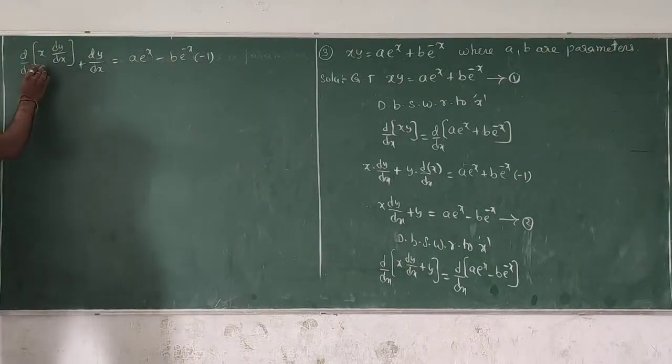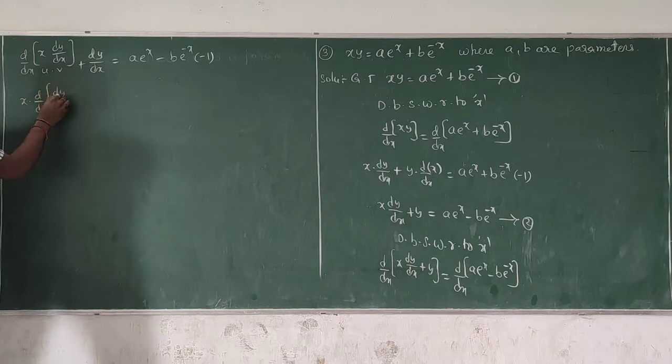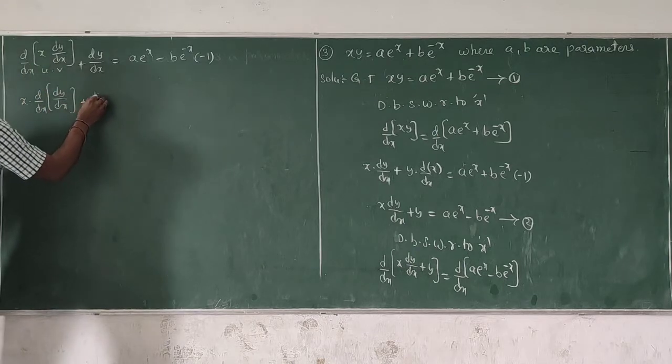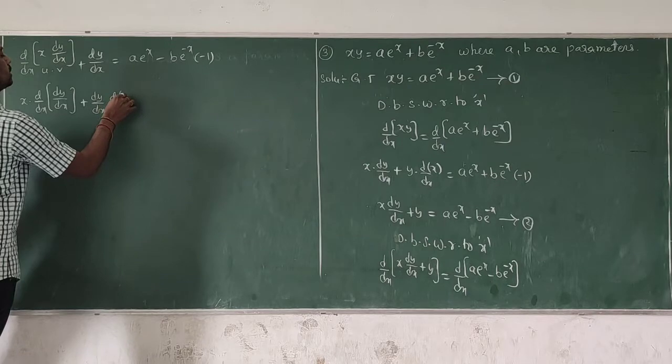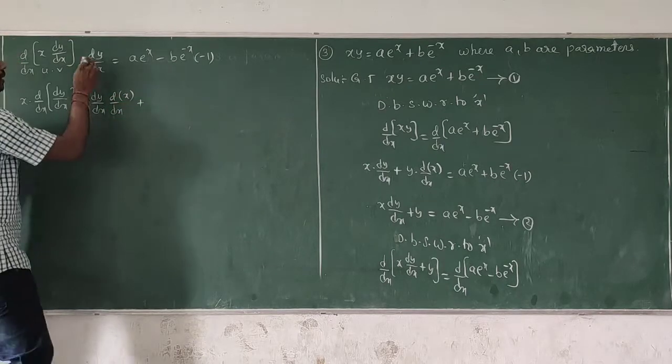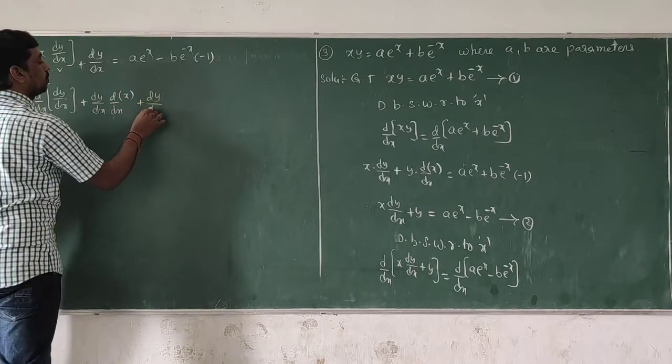Now this is the form of u into v again. So first term into derivative of the second term, dy by dx, plus second term into derivative of the first term, x, plus dy by dx, keep it as this.